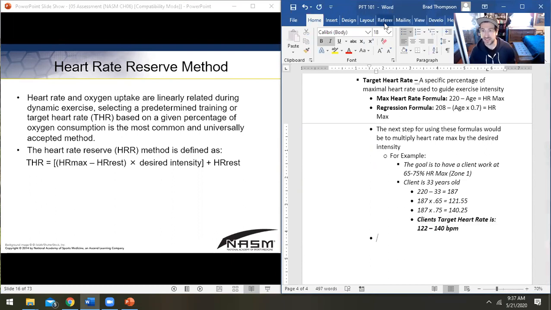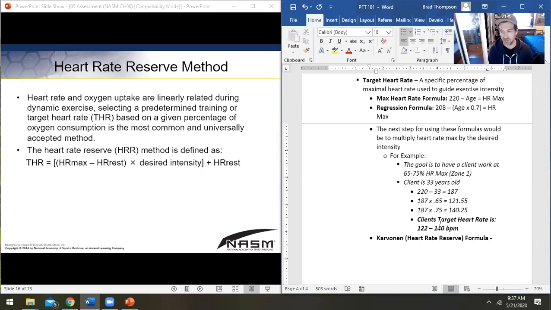Now let's look at a different formula here. The next one we've got is your heart rate reserve method, or the Karvonen formula, is what this is called. So the next method is going to be the Karvonen, or heart rate reserve formula.